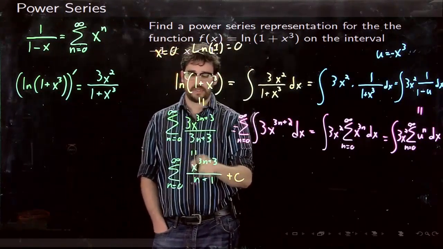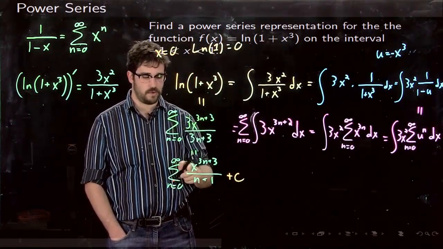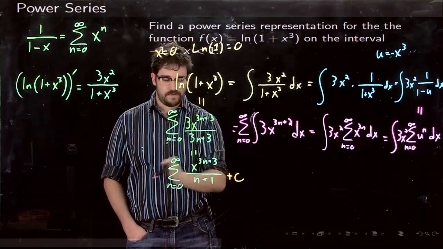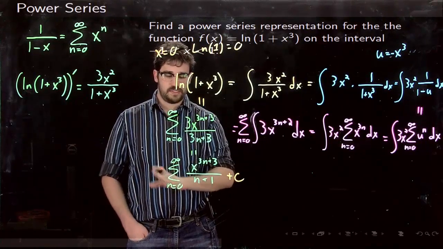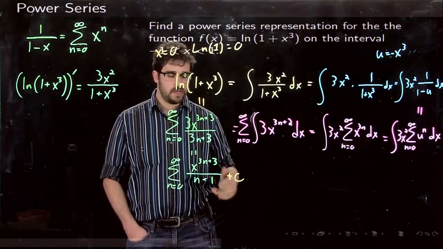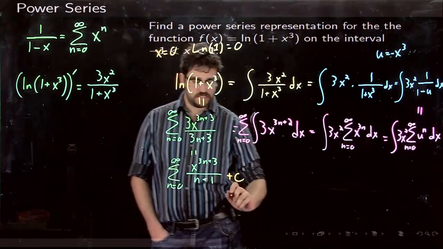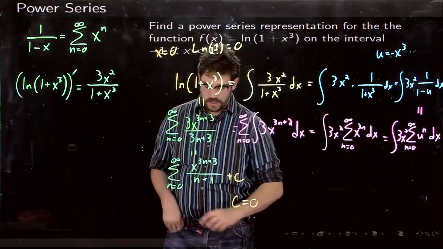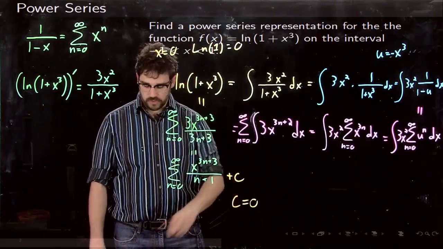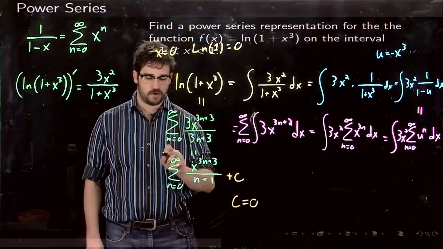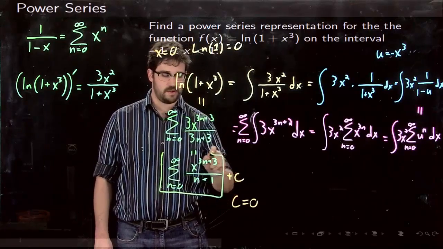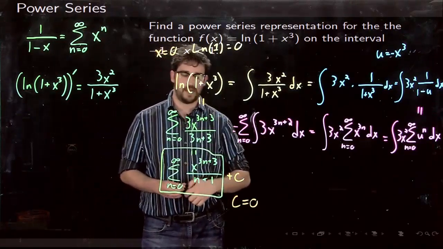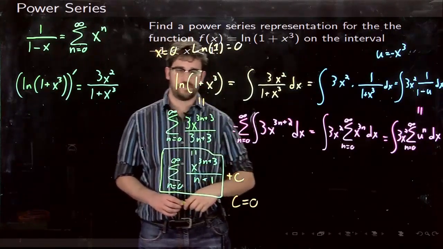So at x equals 0 here, we should also get 0. Everything else would be 0 because you'd get a sum of zeros. So in order for this to be 0, c has to equal 0. And your final answer would just be this term right here. And there is no need for any plus c because c is in fact 0.